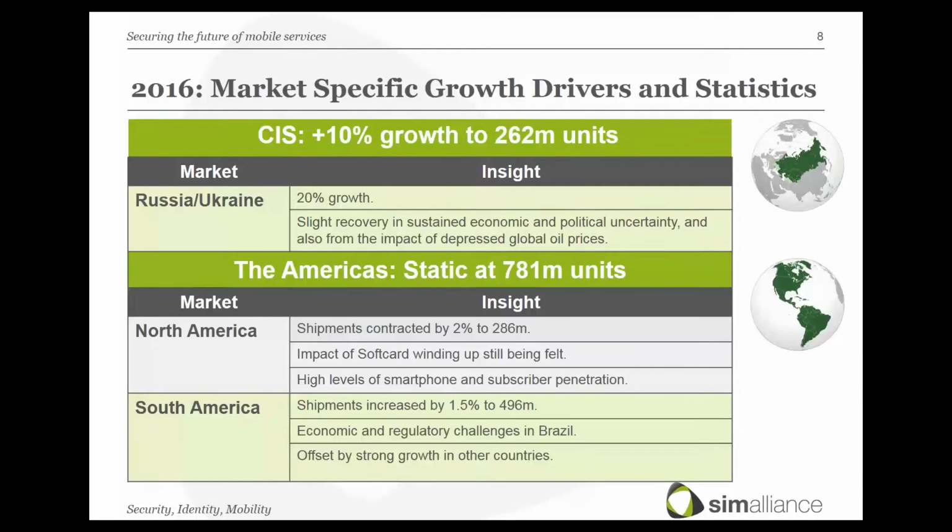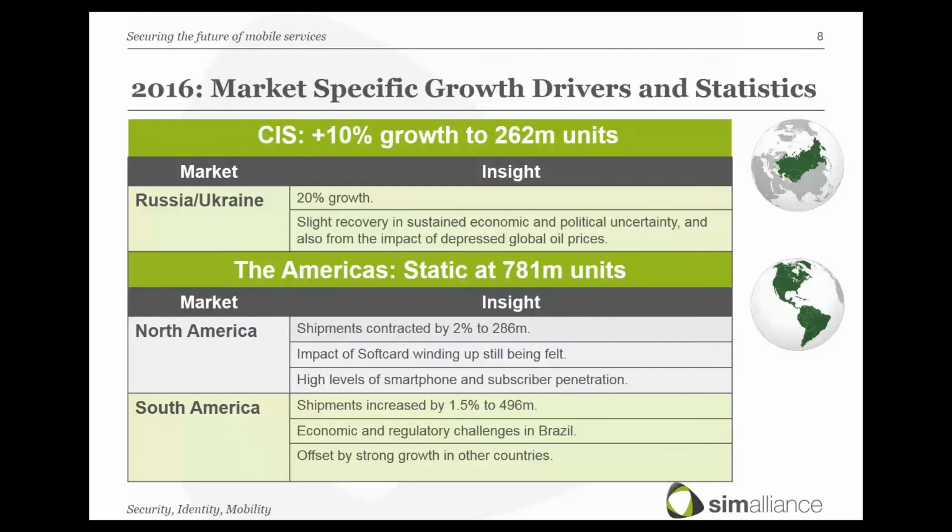The North American contraction that you see here with roughly -2%, partly owed still to the soft card winding down and cessation, and the already admittedly high smartphone and subscriber penetration, is overcompensated by the very high South America volume.